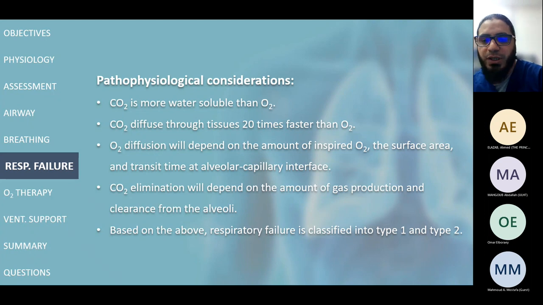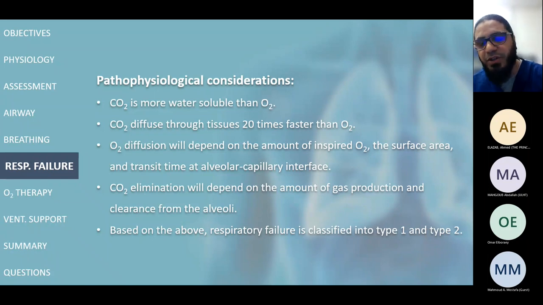But CO2 is a much nicer gas, and it needs less surface area and less time, and it will diffuse easily from the blood to the alveoli. But it still needs clearing from the alveoli, which we call ventilation.